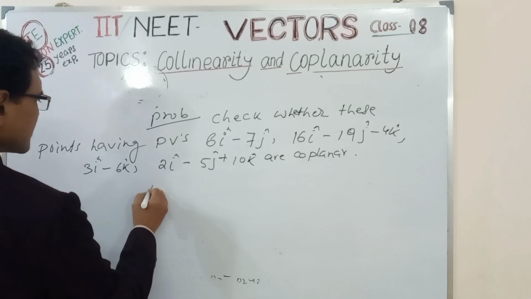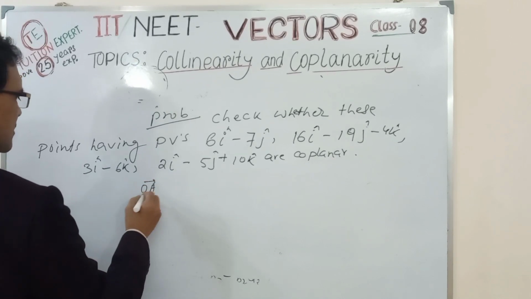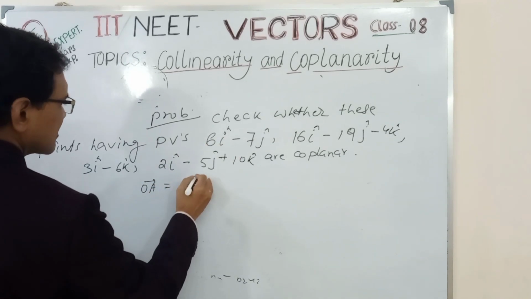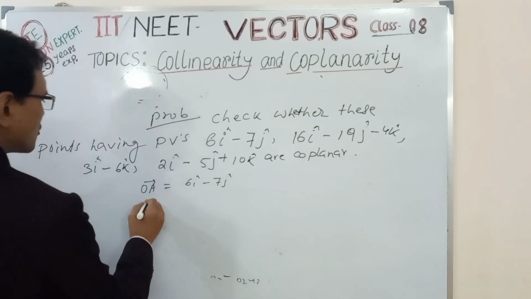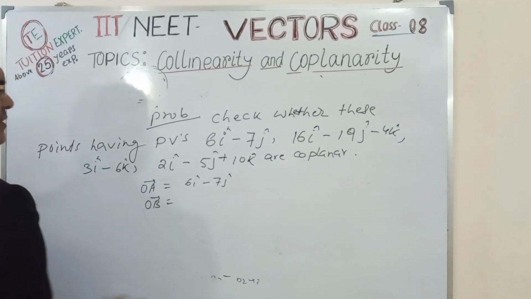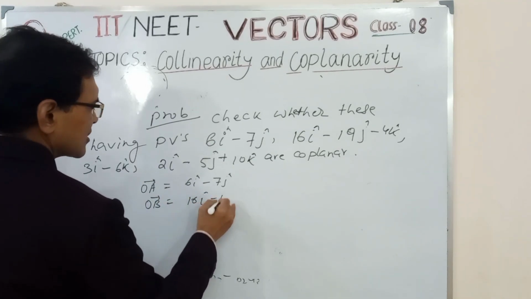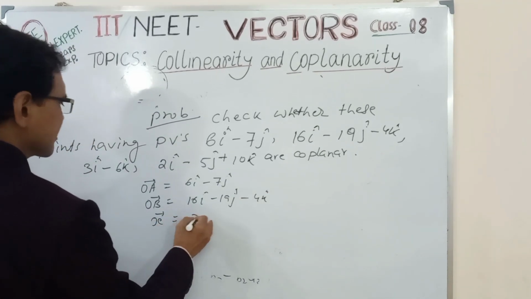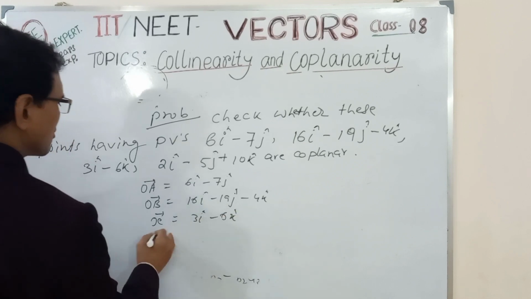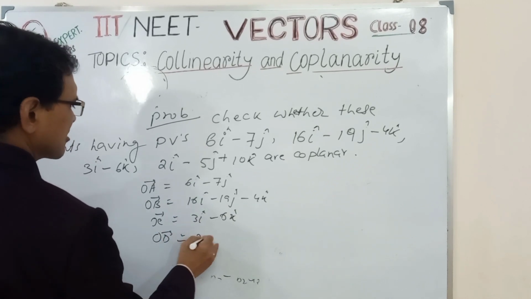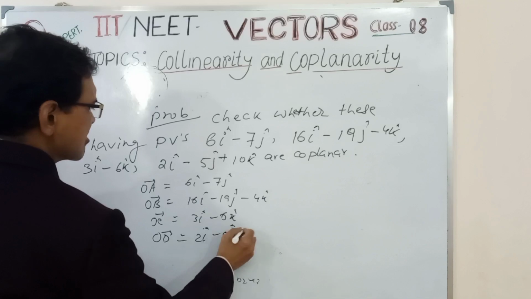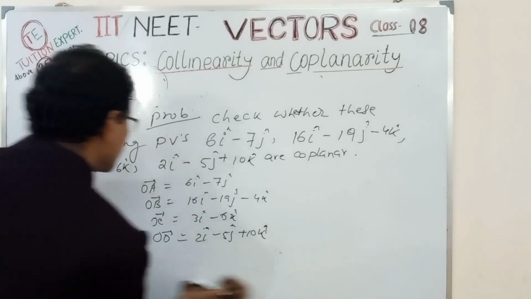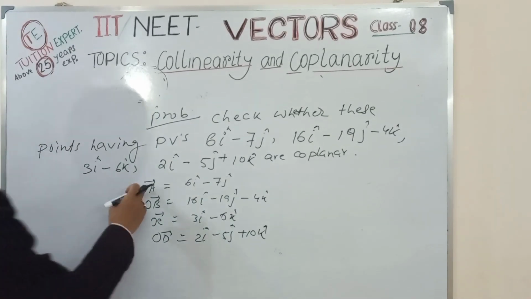Suppose this point is A, then OA is this vector. Similarly OB, OC, OD. A, B, C, D are four points whose position vectors are denoted by these.